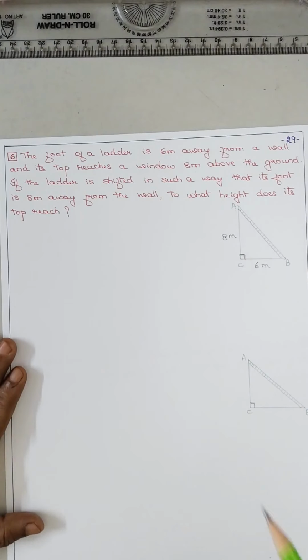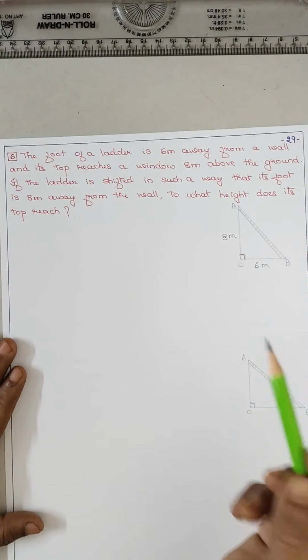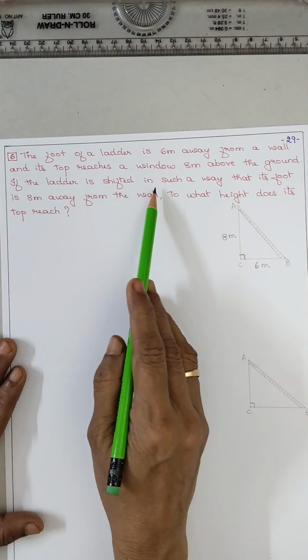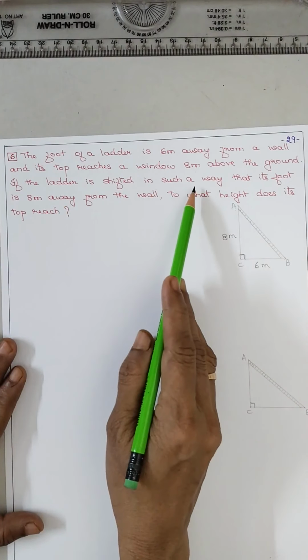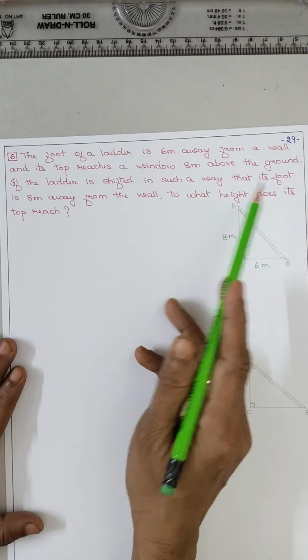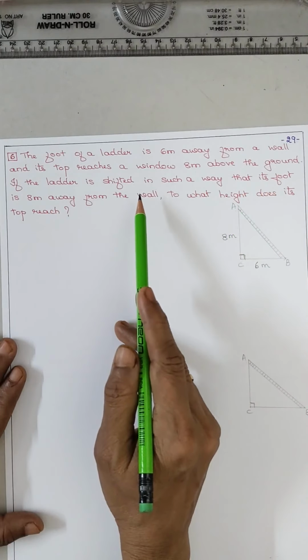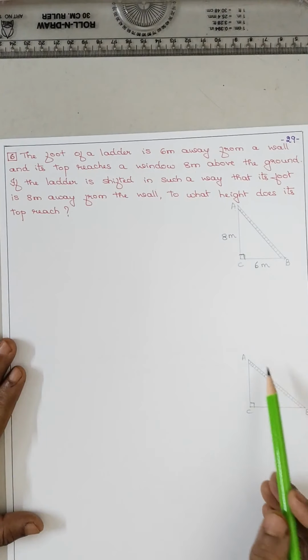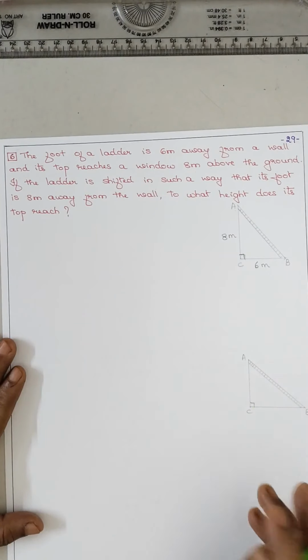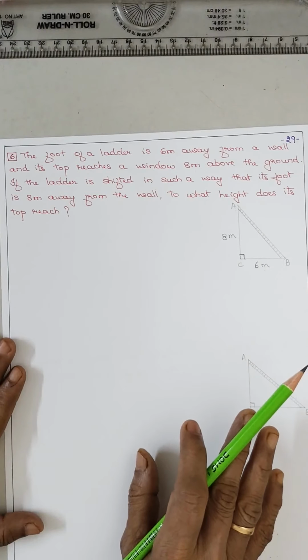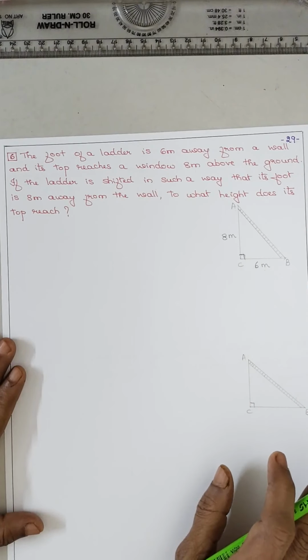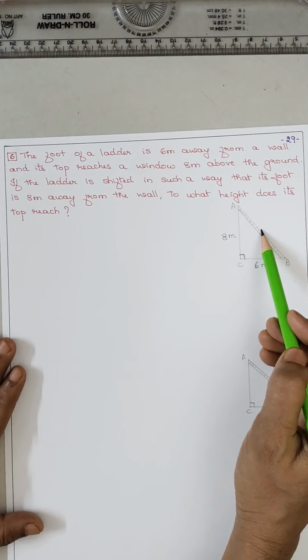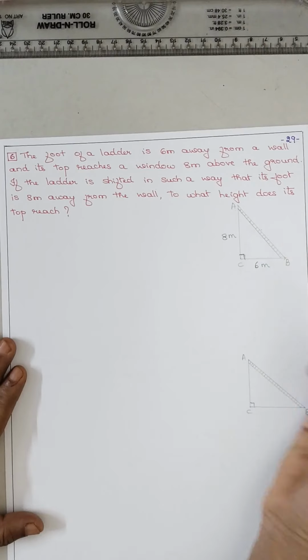Now in the second half, what they have told, if the ladder is shifted in such a way that its foot is 8 meters away from the wall. They are saying the same ladder, so the length of the ladder will not change. So whatever length of the ladder you got, you have to put it here.